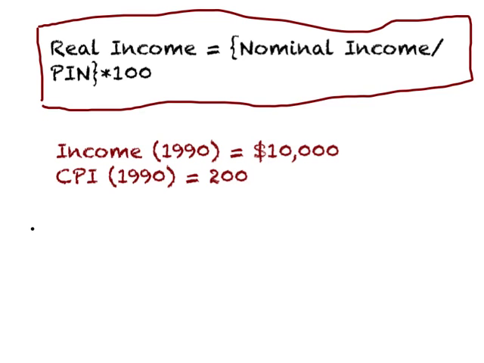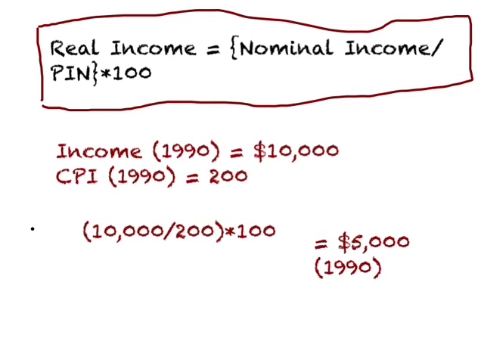So what you do is you plug in $10,000, divide that by 200, and this ratio times 100, and this will give you the real income, and that will equal $5,000 in 1990 prices. So this is the real income. This is what I could buy given my nominal income and prices.